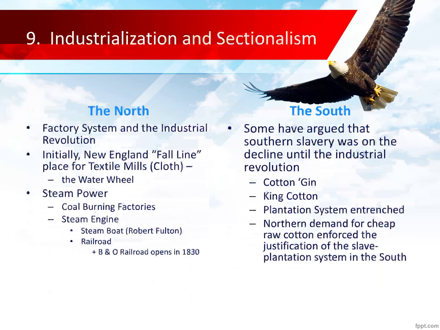They own their workers. One of the most tedious jobs was getting the seeds out of the raw cotton. An invention called the cotton engine, or the short version is cotton gin. Gin is a nickname.